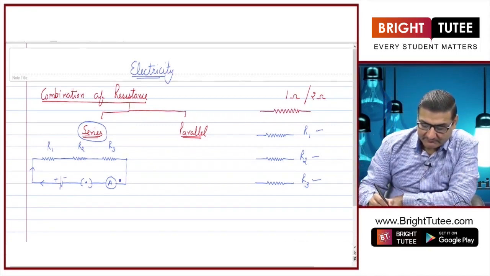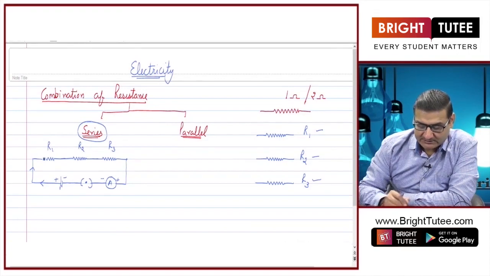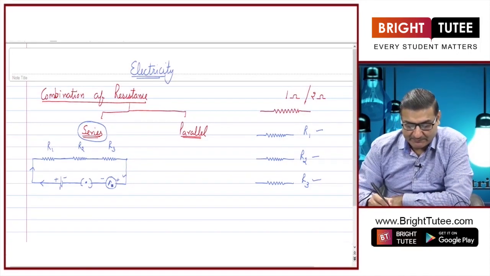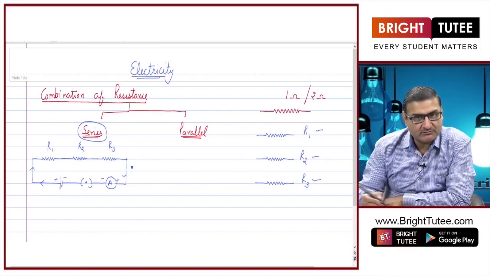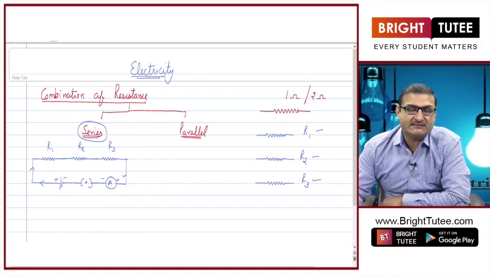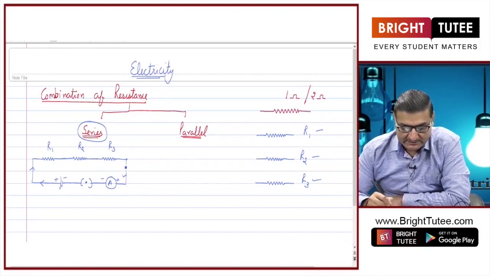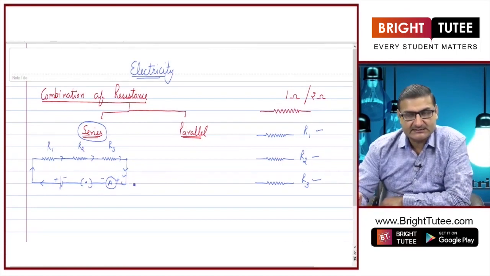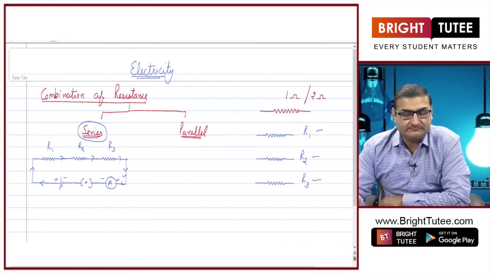The ammeter will be attached like this, plus minus, because the current is coming over here from plus to minus, right. This ammeter can be attached here also, anywhere we want. So this is a circuit diagram to show the resistances connected in series.